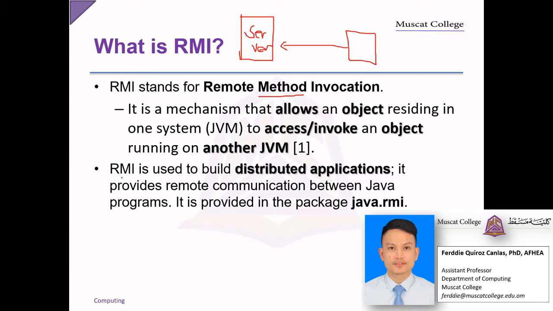So in this case, RMI is used to build distributed applications. In order for you to access that, you have to use the library, which is java.rmi. This java.rmi allows you to invoke a method that belongs to a different machine.